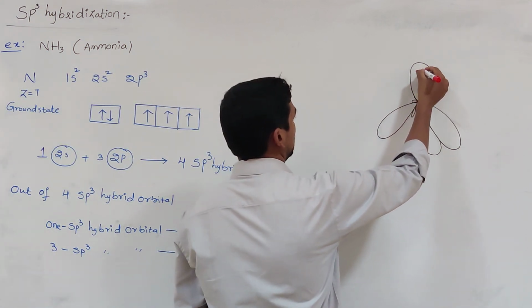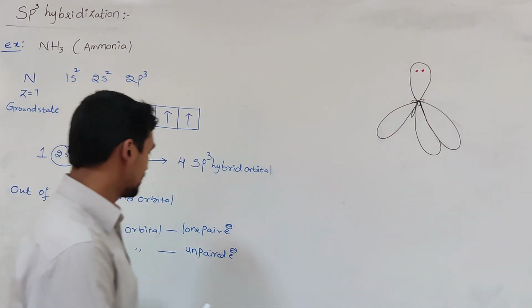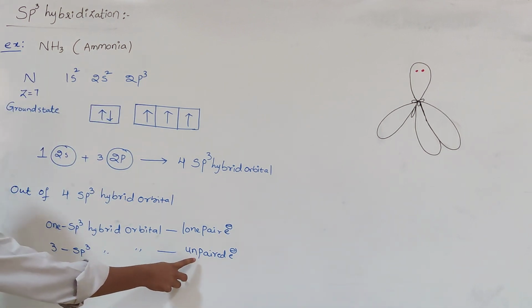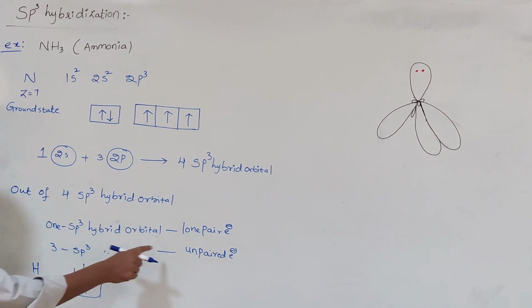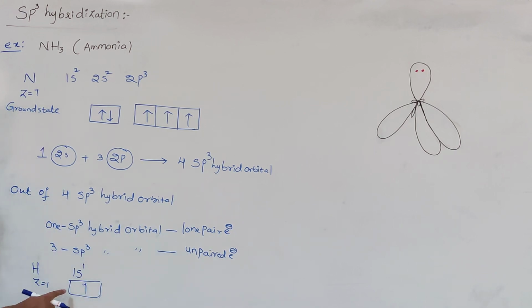Each of the other sp3 hybrid orbitals contains an unpaired electron. How many sp3 hybrid orbitals contain unpaired electrons? 3. These 3 sp3 hybrid orbitals containing unpaired electrons overlap with the 1s orbital of the hydrogen atom. Hydrogen Z equal to 1 is 1s1, so 1 electron is unpaired. So each sp3 hybrid orbital containing an unpaired electron overlaps with a 1s orbital.